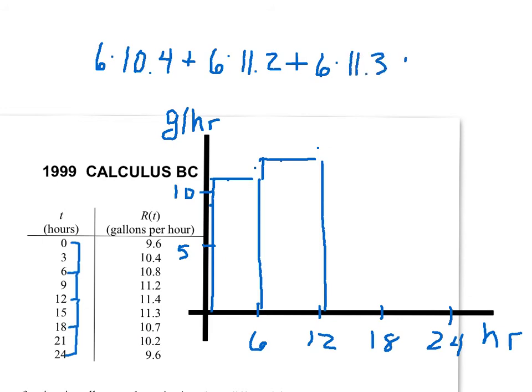Then our final rectangle has a base of 6 and a height of 10.2. You could calculate that total, and that total will be the area captured under this set of data. If you look at the units, we have gallons per hour and we have hours. When we collect area, we are multiplying gallons per hour times hours, and we get as our answer, in units, gallons.